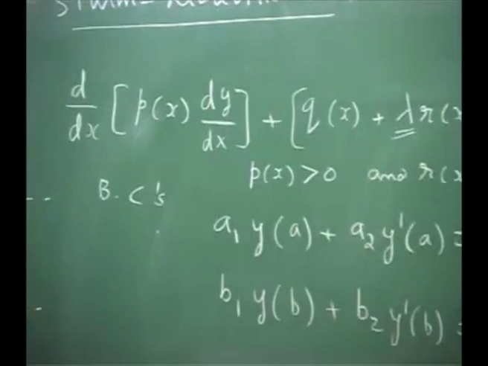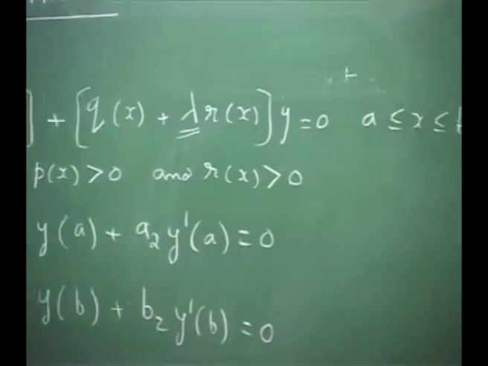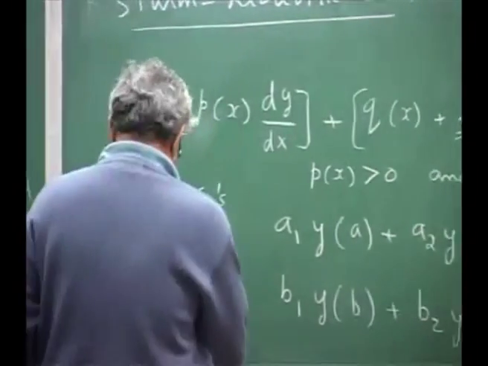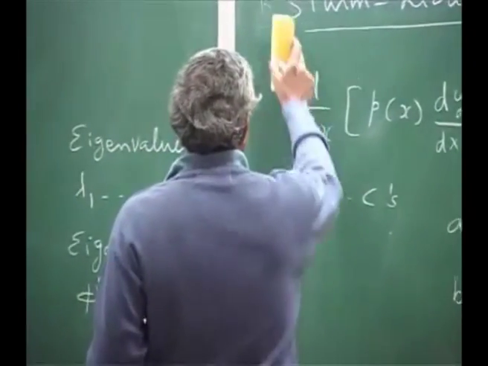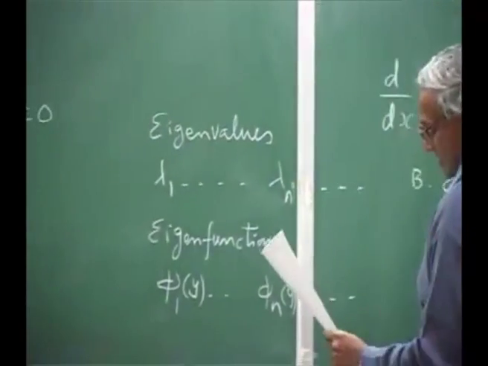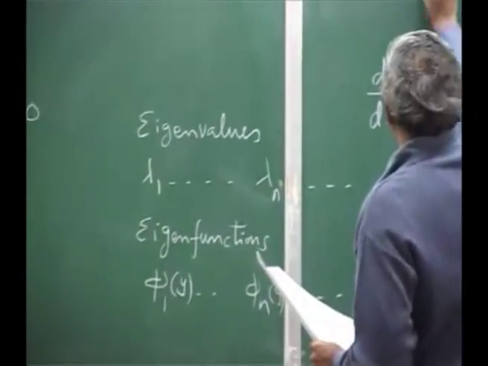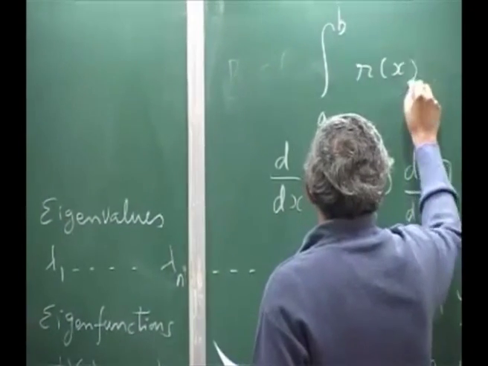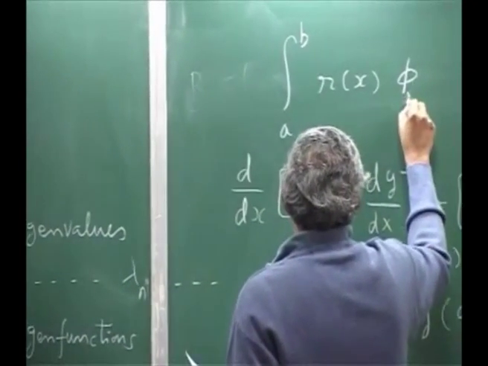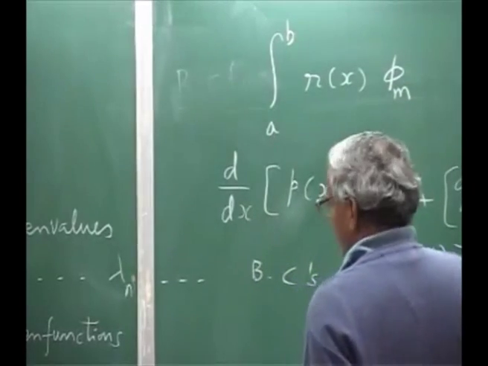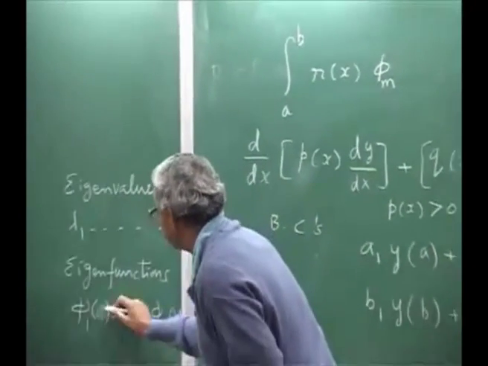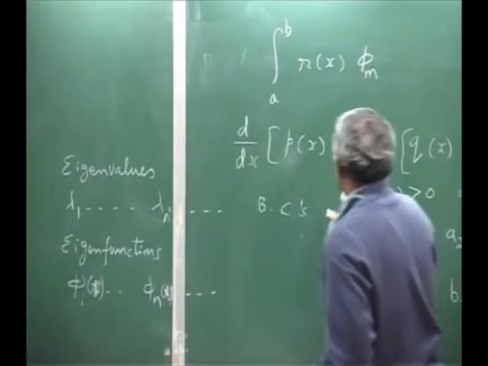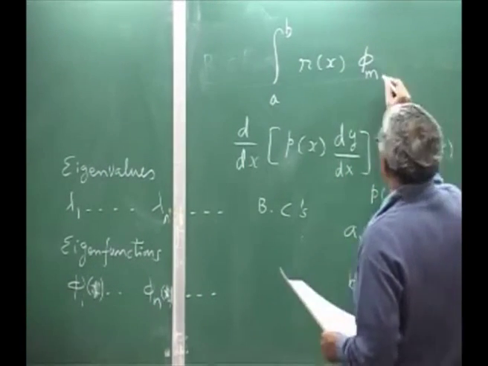Please understand, real numbers, lambda 1 to lambda n, and they satisfy the condition that the integral over the interval a to b of r of x phi m phi n, sorry, not y, these are all functions of x. I'm sorry about that. This is about x because our variable is x.